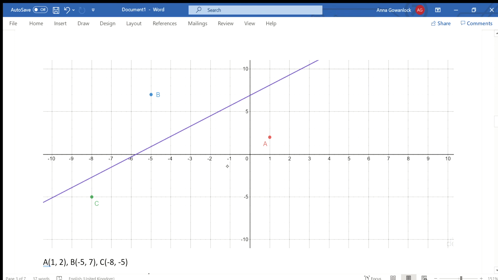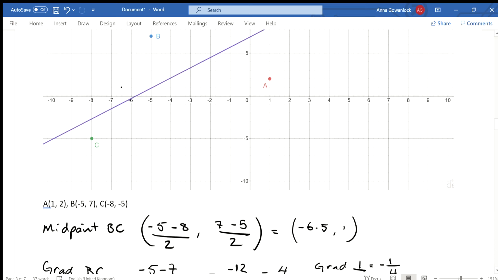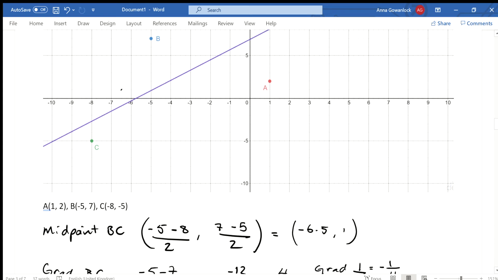So minus 6.5, 1, 2, 3, 4, comma 1 will be here. And the gradient was a negative quarter.